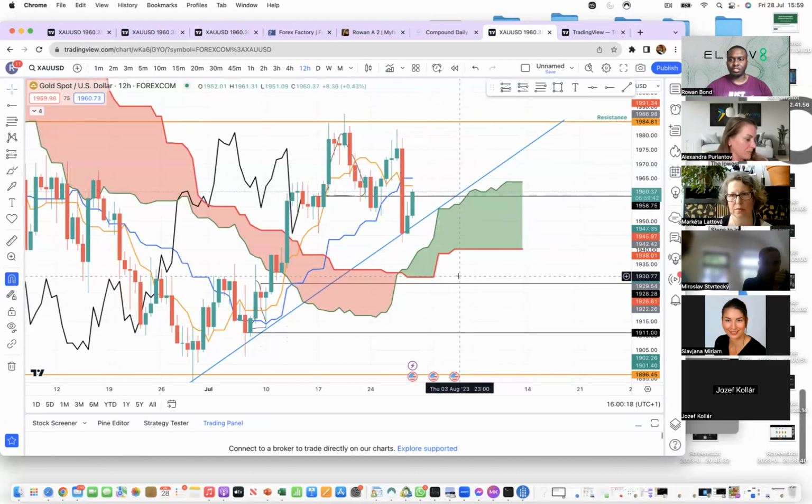Yeah. So I'm only interested in taking a buy trade based on the 12-hour if the orange line is above the blue line, because that tells me the price is going to continue going up.